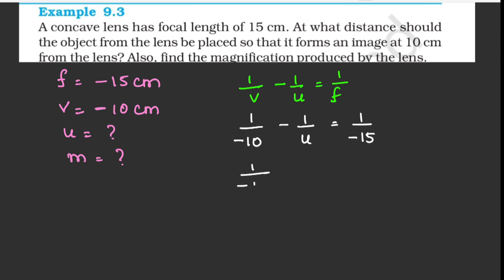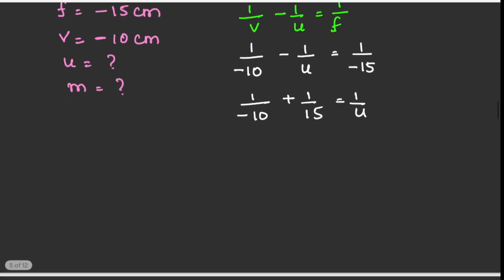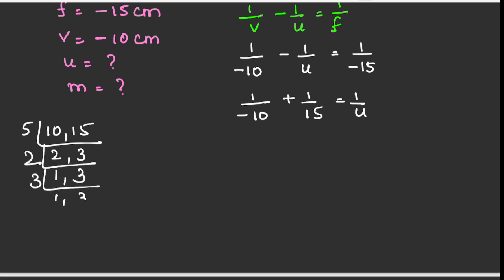So 1 by minus 10 plus 1 by 15 is equal to 1 by u. Here this negative became positive when you shifted to the other side, and in the same way this negative became positive. Now take the LCM for 10 and 15. 5 2s are 10, 5 3s are 15, 2 1s are 2, 3 3s are 3... multiply 5 into 2 into 3. 5 2s are 10, 10 3s are 30.